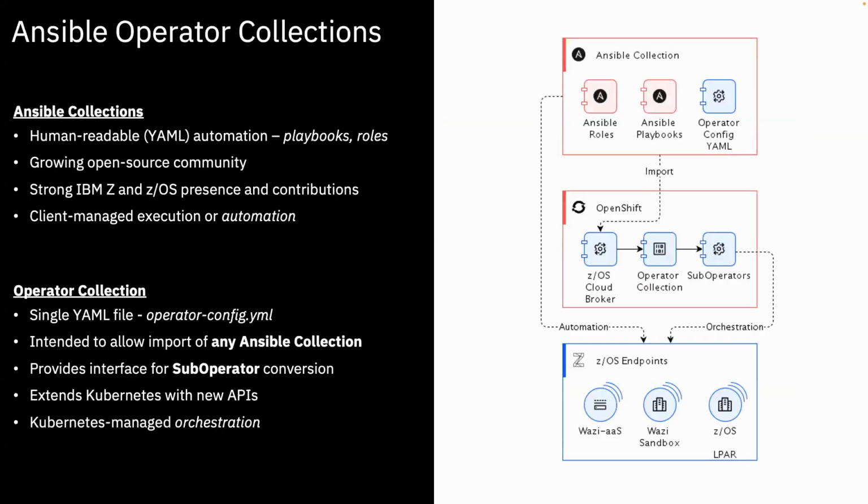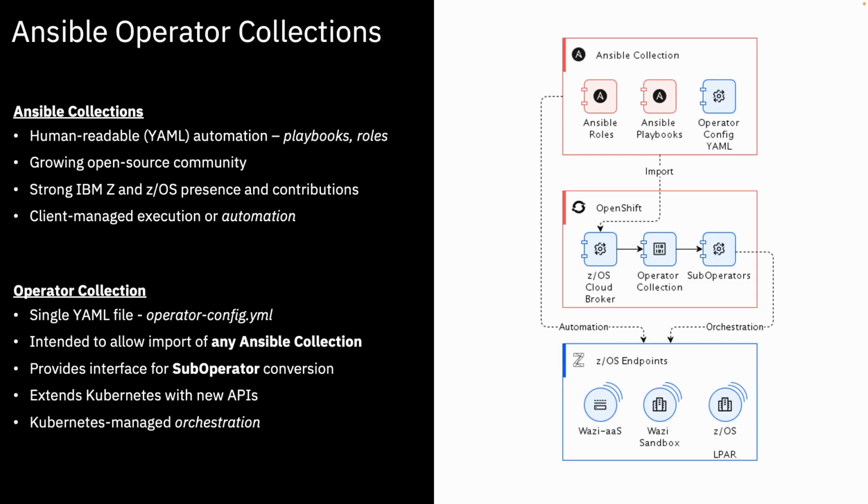And how that's all enabled is via a couple of different things. Firstly, all of the different operators that are getting deployed are packaged and made available in a format called Ansible operator collections. This is a proprietary format that is a combination of an Ansible collection, which is something that's already available today and what we're leveraging with some of our other collections, which consist of modules and playbooks and roles in this case.